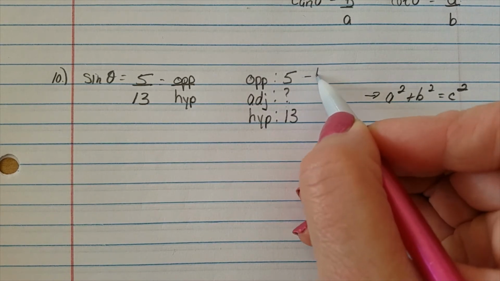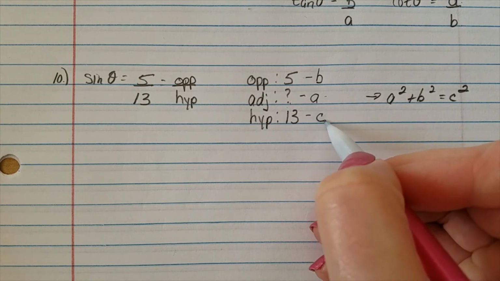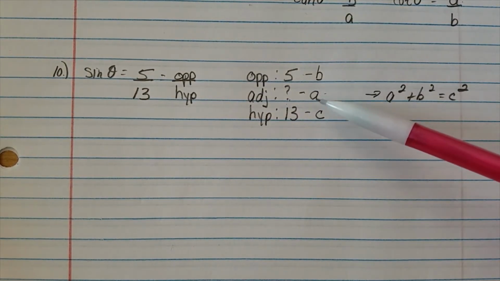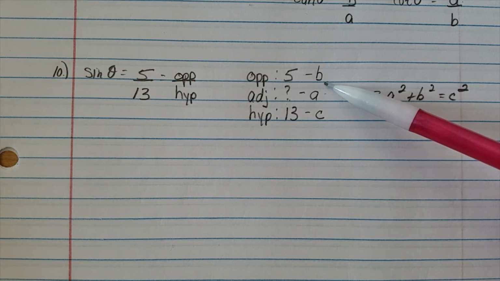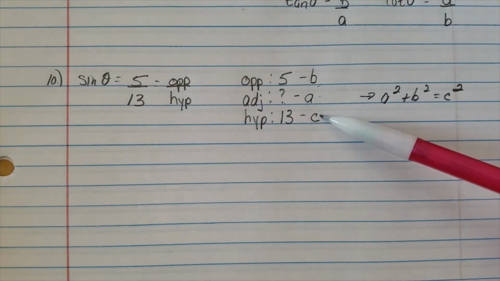We'll call the opposite B. The adjacent will be A. Hypotenuse is always C. It does not matter if you flip these around. If you call the adjacent B and the opposite A, it doesn't matter. The legs of the triangle are A and B, but the hypotenuse always has to be C.